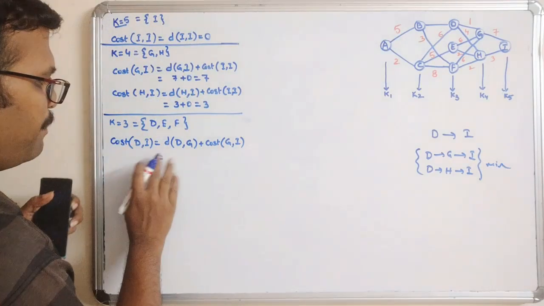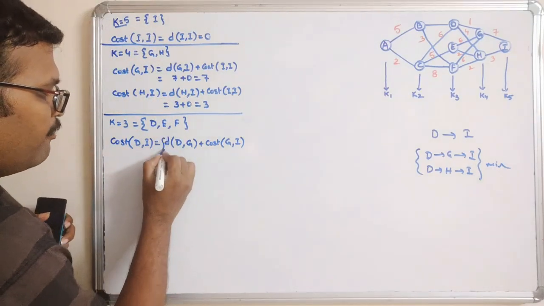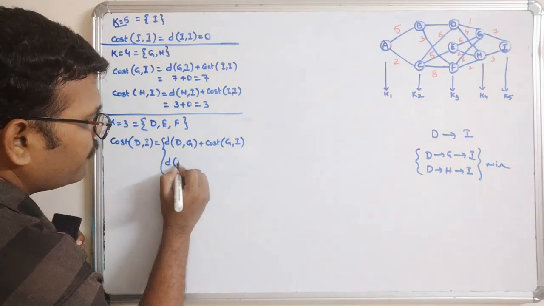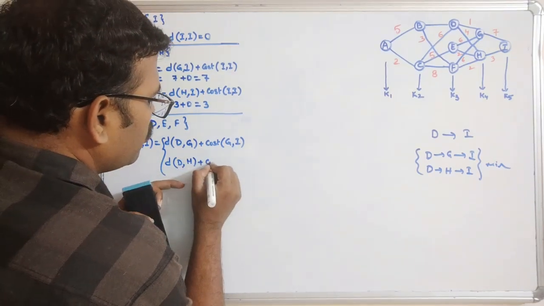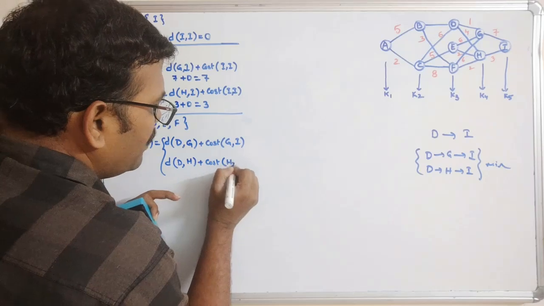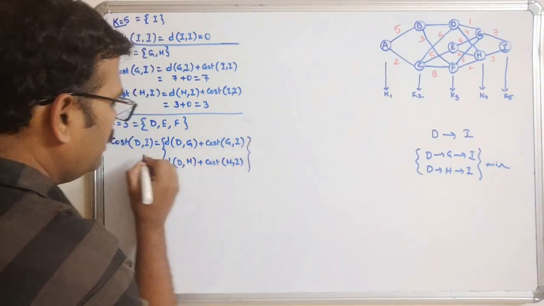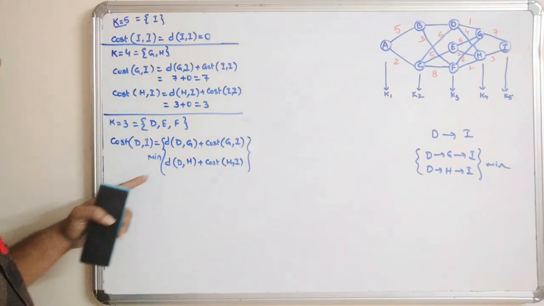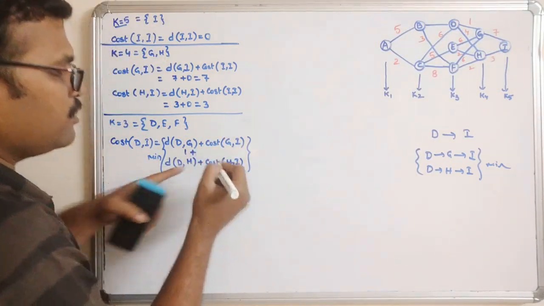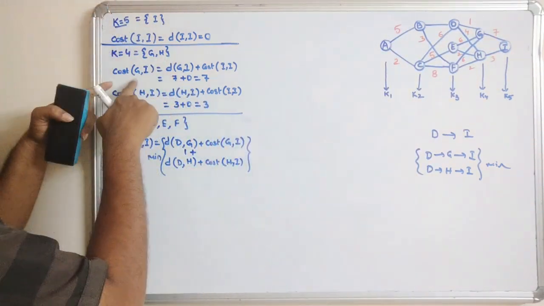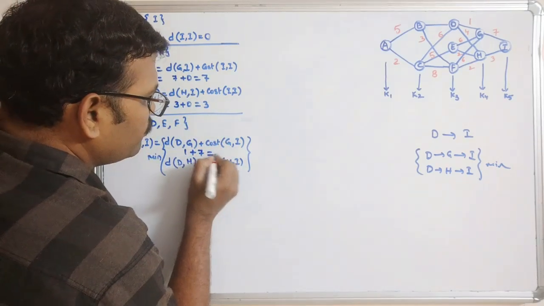So the same thing happens. I am finding the minimum value here. The distance of D comma G plus cost of G comma I, and the distance of D comma H plus cost of H comma I. So we need to find out the minimum value of these 2. Distance from D to G is 1, plus cost of GI already calculated 7, which will be 8.